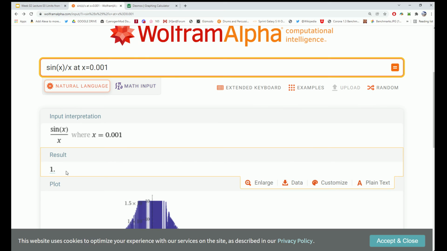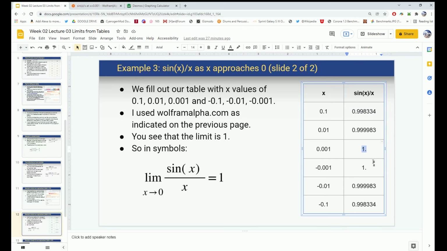It's actually something like 0.999999998, with about eight nines in a row. But it's so close to 1 that the computer tells you 1, because it has to round to a certain number of decimals. So that's why I've got 1 point there.